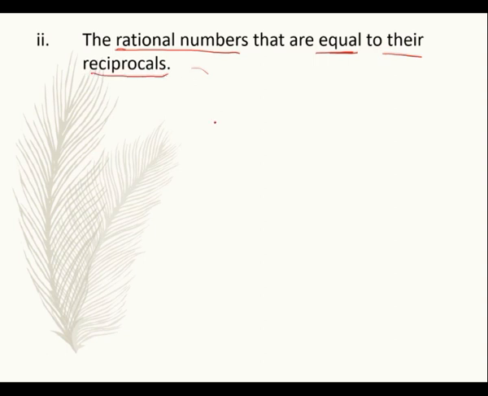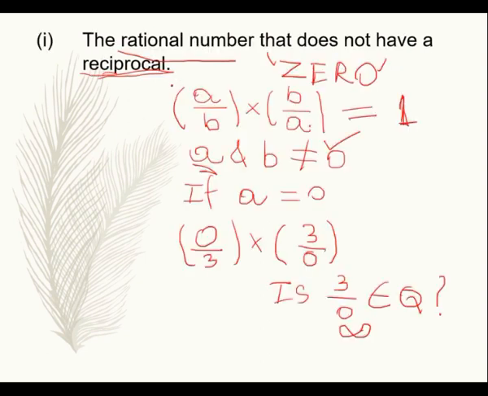So, we need to identify such a number whose reciprocal and that number both are equal. That means in our previous property, we have to identify a by b being equal to b by a.